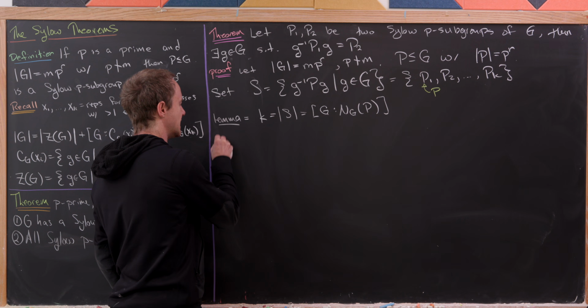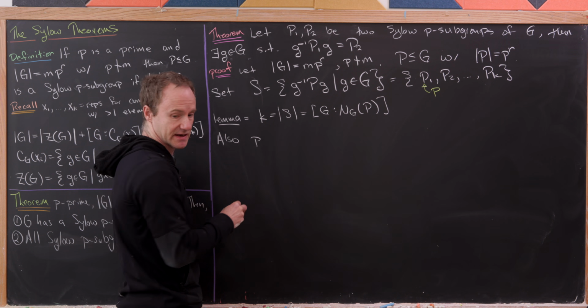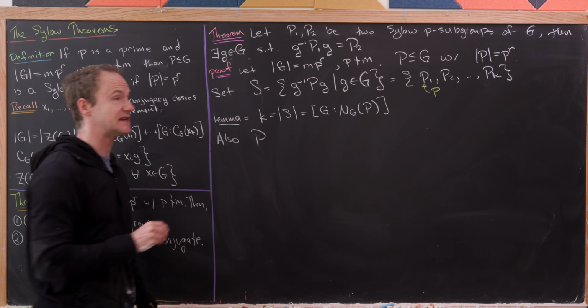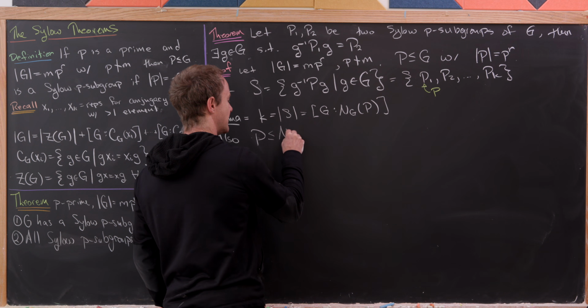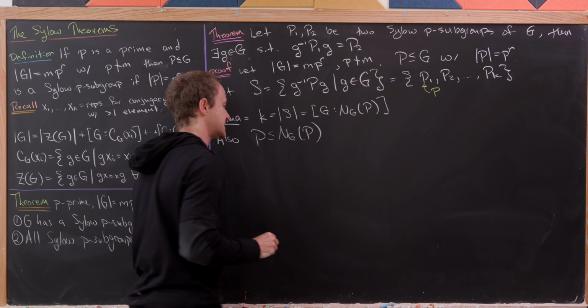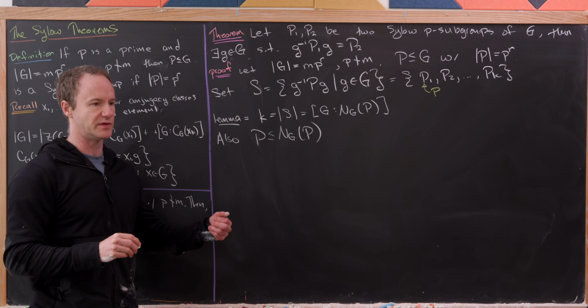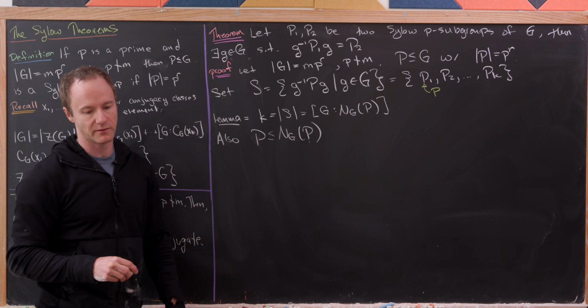So now let's also note that P, as in the Sylow p-subgroup, is a subgroup of N_G(P). It's a subgroup of a normalizer. So if you take the normalizer of a subgroup, the original subgroup is always going to be a subgroup of what?